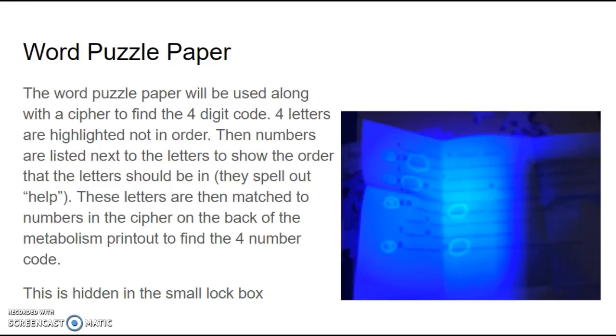But then you're going to put them in order by putting numbers to the side of the words to tell the students which order they should be in for the number lock. So the word spells out HELP when they're all put together, and the HELP will be put on the cipher to find the 4-number code. So this actually leads to the 4-number lock code.